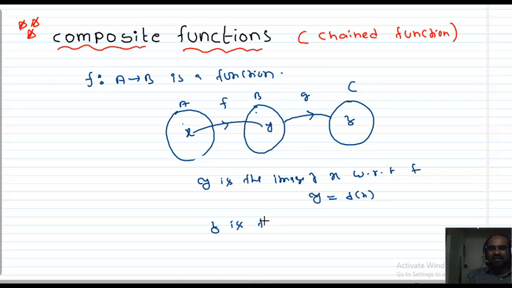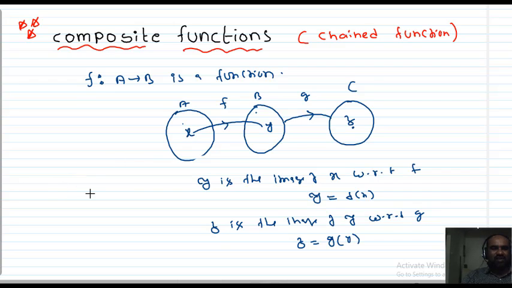Z is the image of Y with respect to G. How can you write it? Z equal to G of Y.